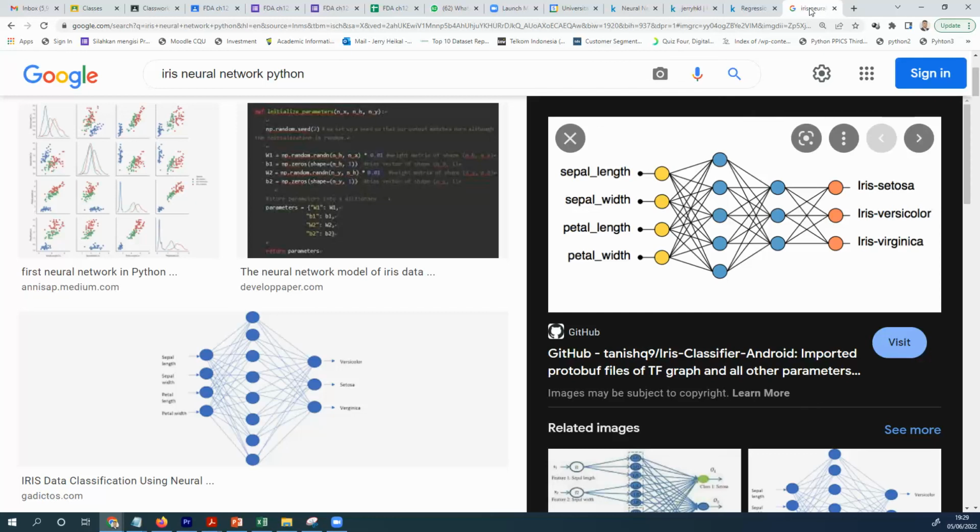The picture always shows it, but you can do 3 layers, 4 layers, 5 layers, depending on your wildest imagination. But the risk will be overfitting and underfitting. That's all. We can develop as many layers as you want.